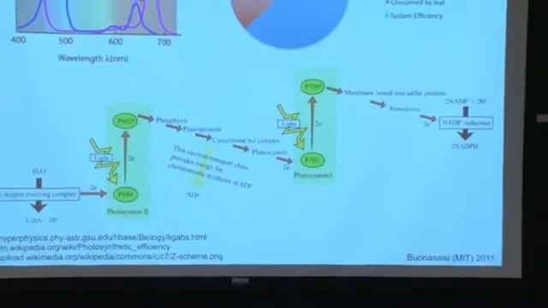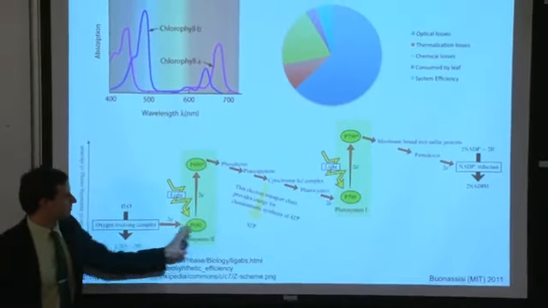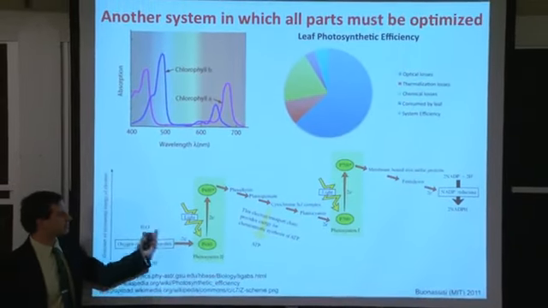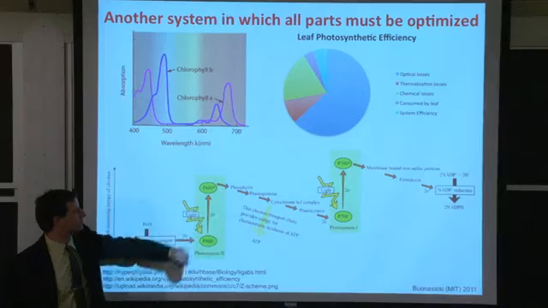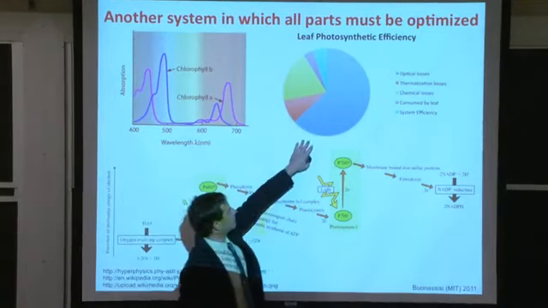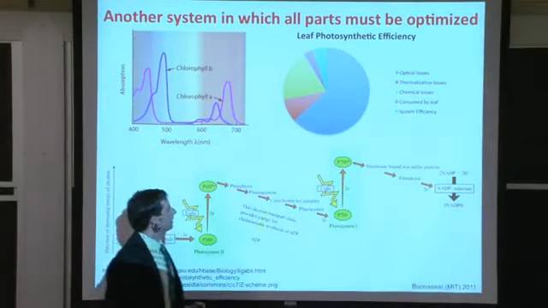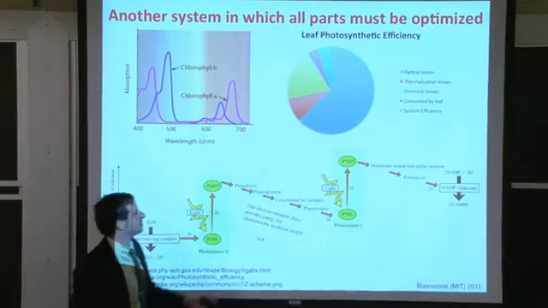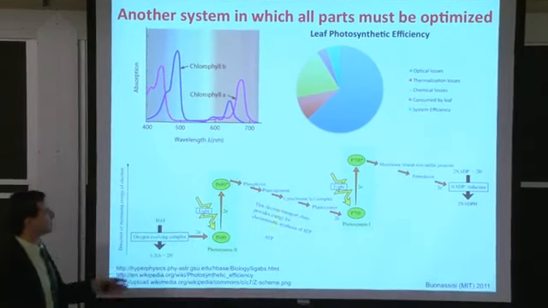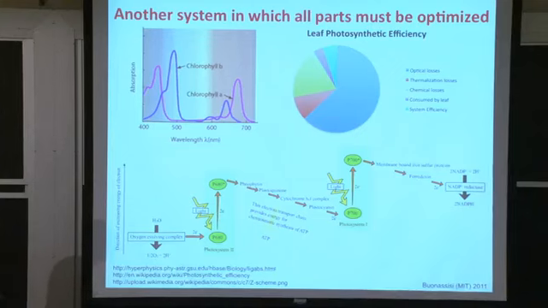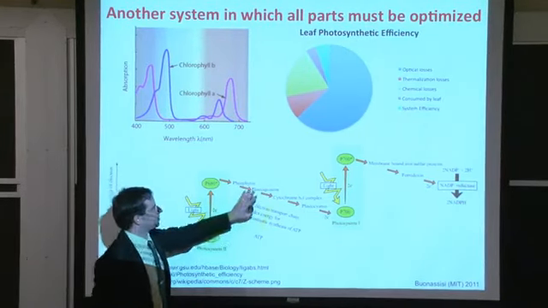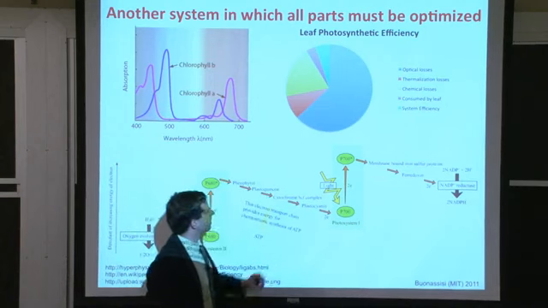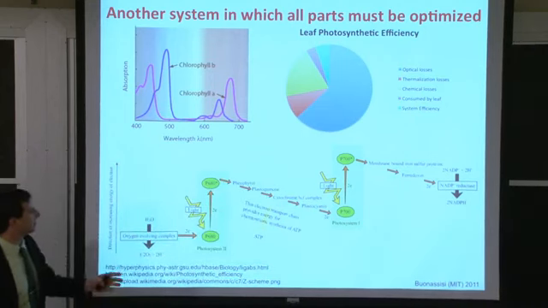And just like a solar cell, the photosynthesis conversion efficiency of the entire system is dictated by the efficiency of each individual part. Roughly, it can be broken down into this little pie chart up here. The total system efficiency in blue is, depending on the plant, somewhere between around 1%, maybe as high as 7 or 8%, depending on very specialized plants that are experts at converting sunlight into usable chemical energy.